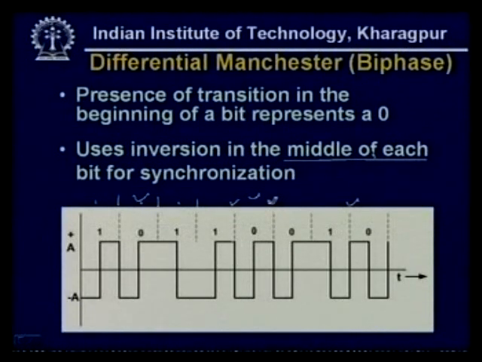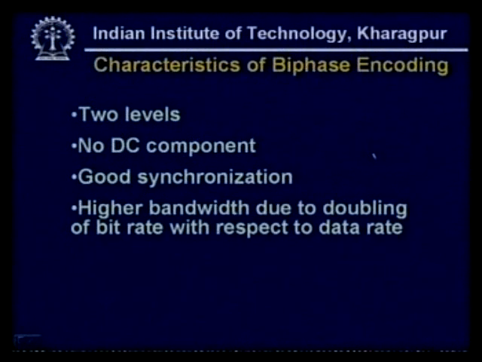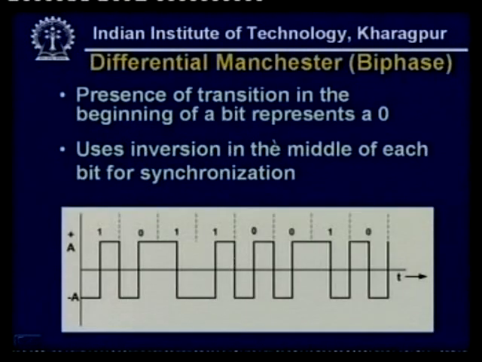So you can very easily recover data from this, and at the same time it will provide you very good synchronization. It has two voltage levels, plus A and minus A, as you have seen. There is no DC component, as you can see here. Alternately, you are making it high and low, high and low.